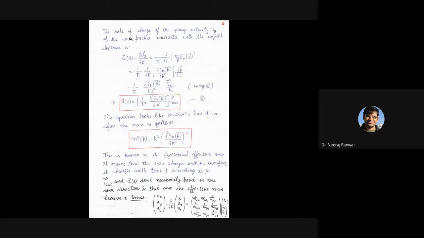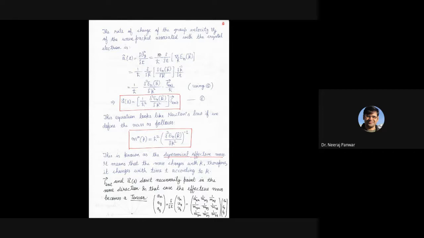Now since the electron accelerates under the influence of electric field, we would like to calculate its acceleration at any time t. That would be given by the rate of change of its velocity.